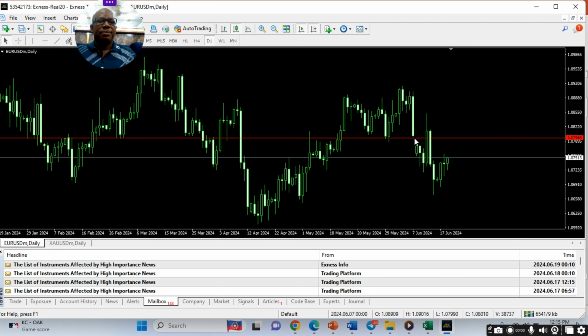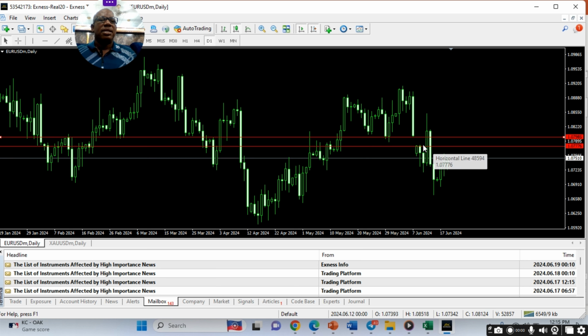You can see there is a gap between this candlestick and this candlestick. This is a bearish engulfing pattern. It moves down to this place. The next price was supposed to open here, but no, it jumped and opened at this particular place and moved to this point.